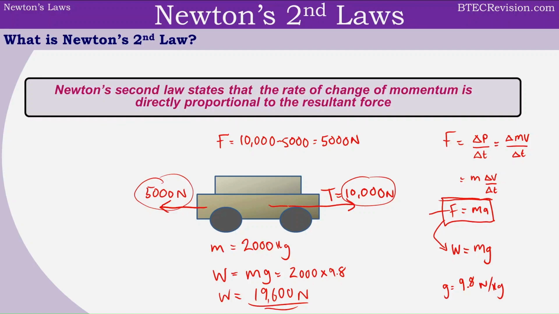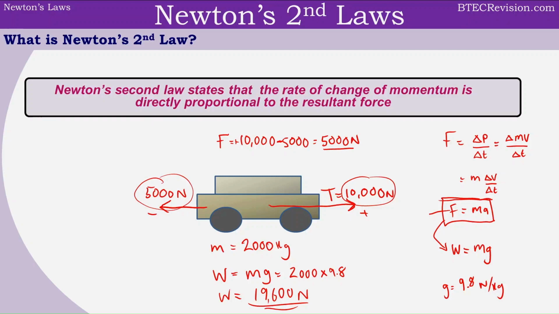If we consider going towards the right to be positive, then left would be negative. So we have a positive 10,000 and a negative 5,000, which gives us 10,000 take away 5,000, which equals 5,000. Now we have the overall resultant force of 5,000.